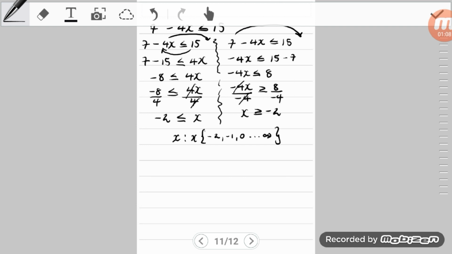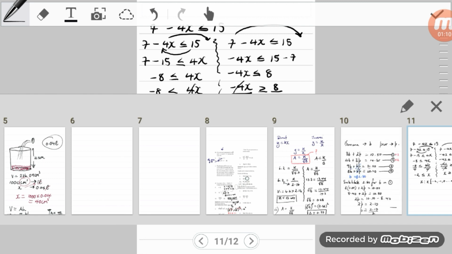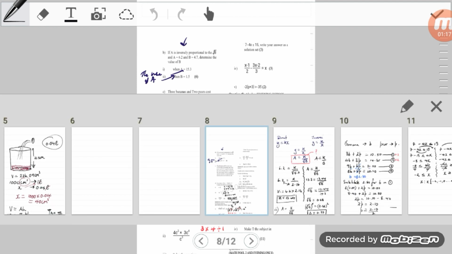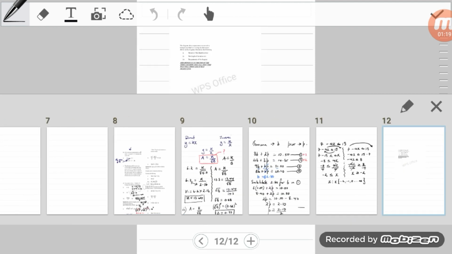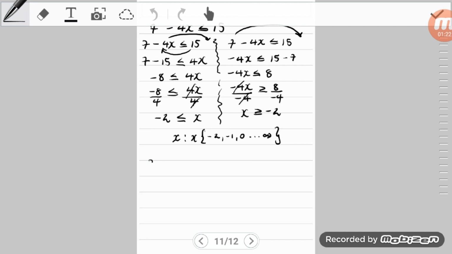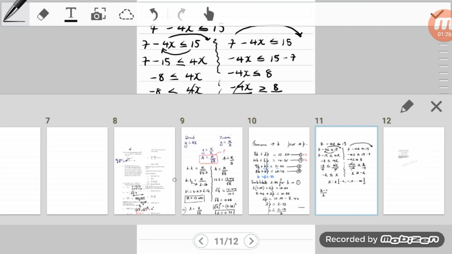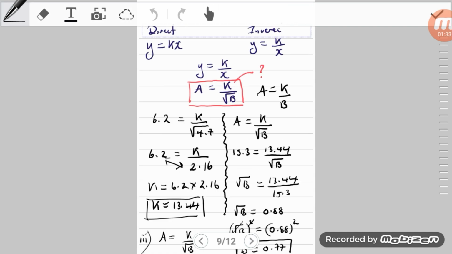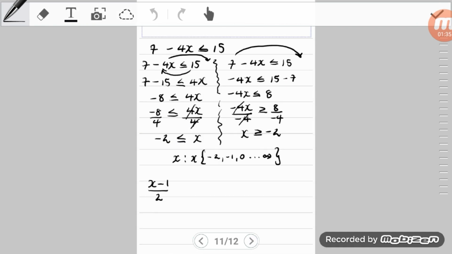All right, now the next problem that we have to encounter here is x minus 1 over 2, take away 3x minus 2 over 3.